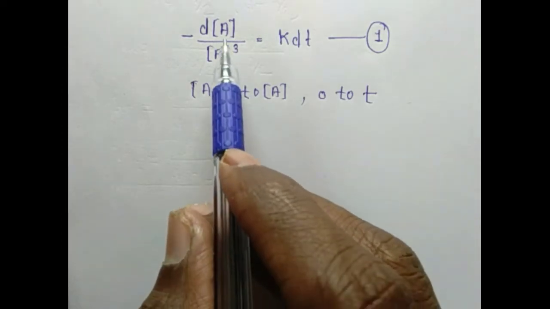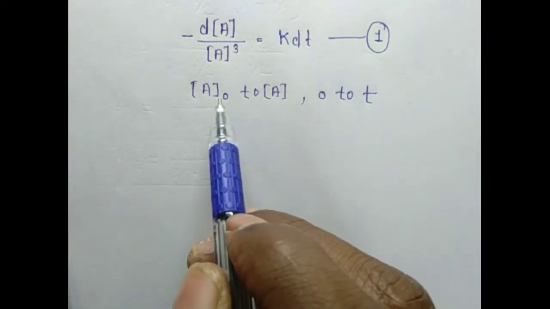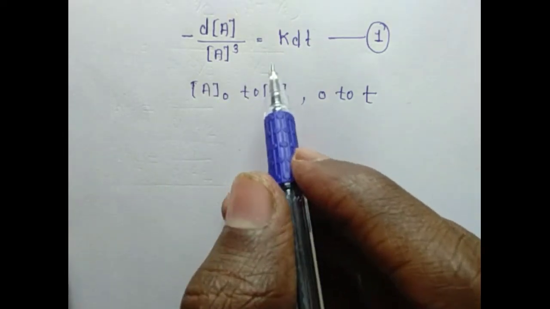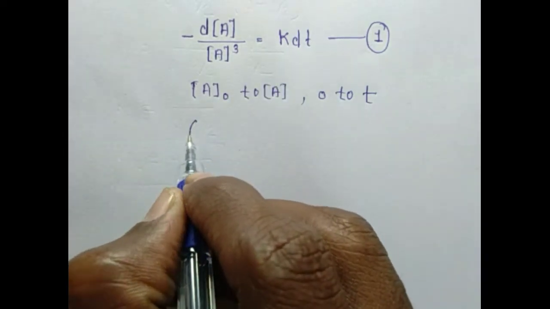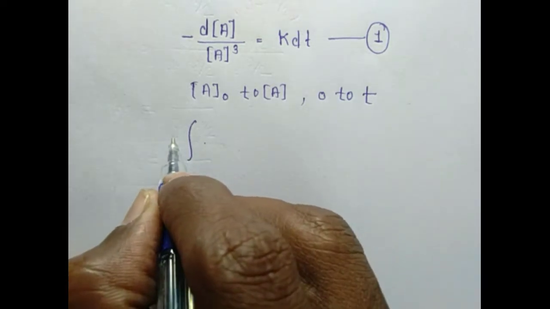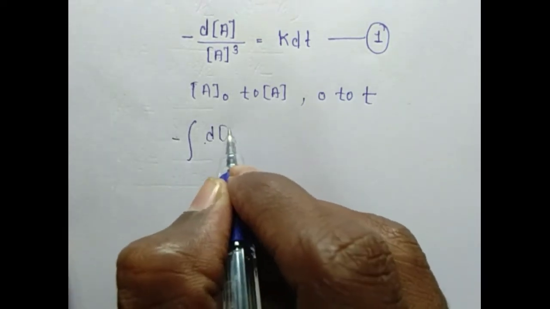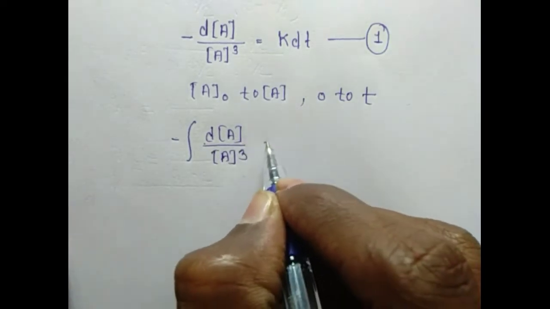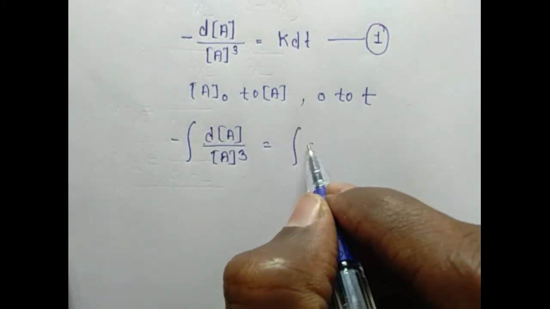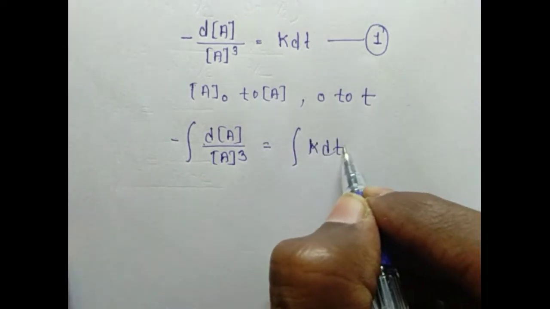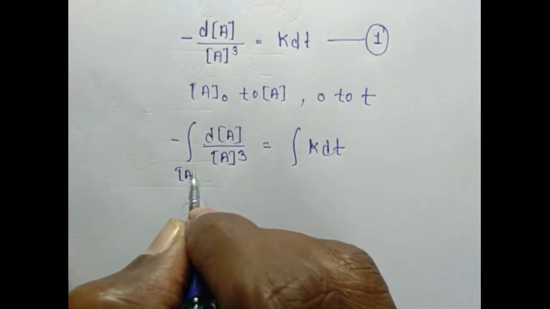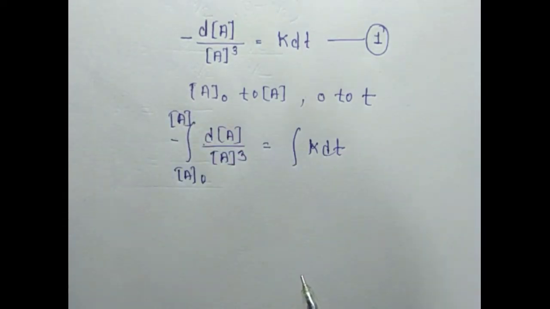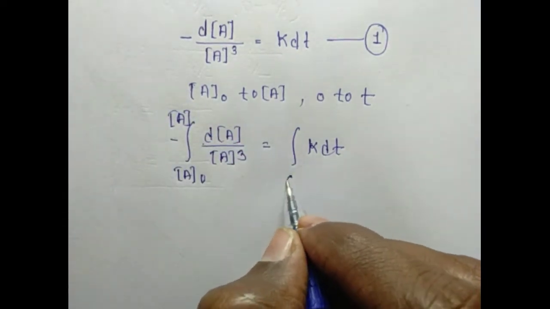That's why we integrate this equation number 1 between the limits. Left hand side: minus dA upon A cube, and right hand side: integration of K dt between the limits, A0 to A on the left hand side and 0 to t on the right hand side.